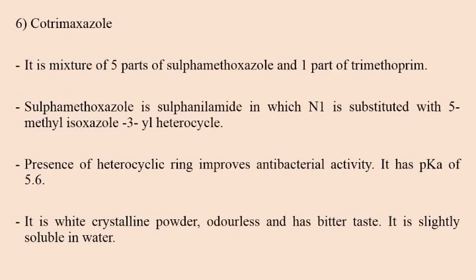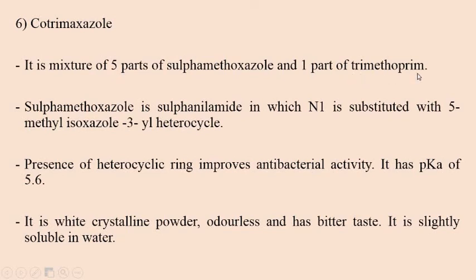Next drug, cotrimoxazole. Now this is an important drug. Cotrimoxazole is not a single drug, but a mixture of 2 drugs. It is a mixture of 5 parts of sulphamethoxazole and 1 part of trimethoprim. Now this trimethoprim is an anti-malarial drug.